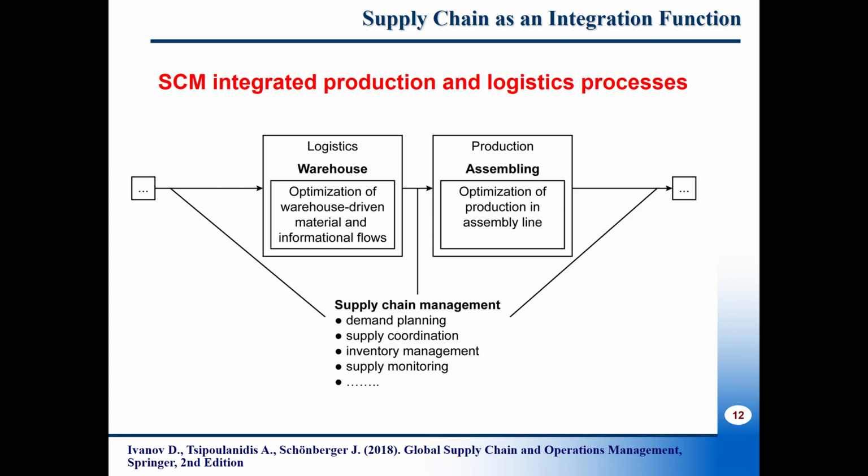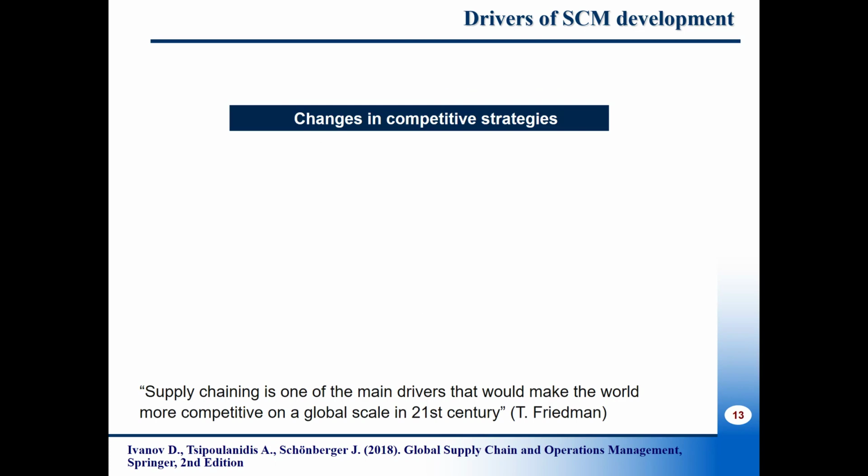And inventory management, how much to store, meaning that logistic managers need to decide on how many to order from suppliers. And supply monitoring, meaning that it is to ensure that there are three drivers, that is from customers, from market, and also from information society.